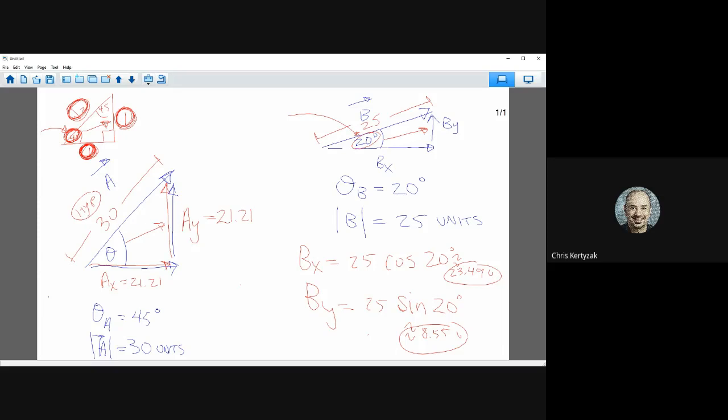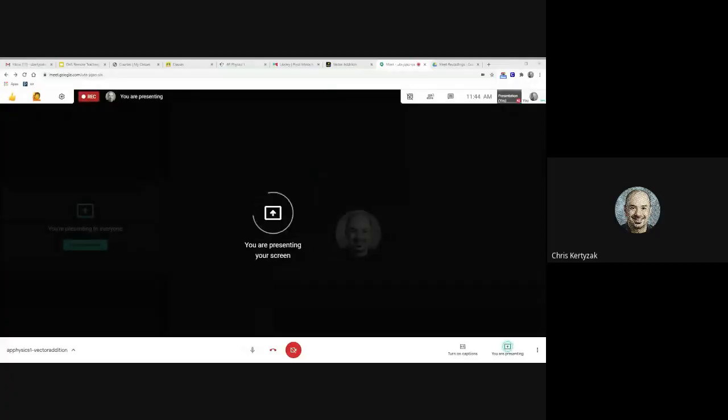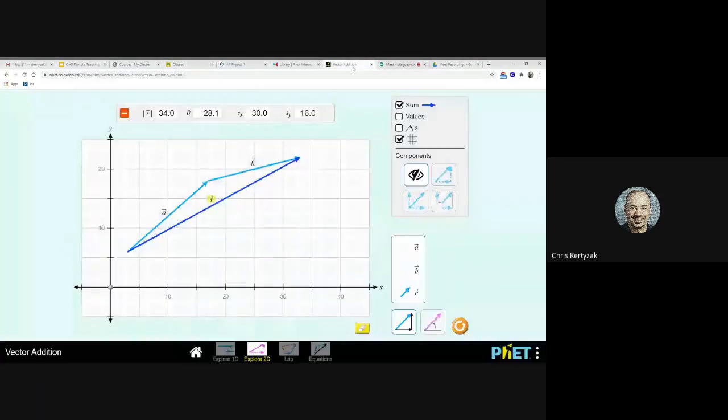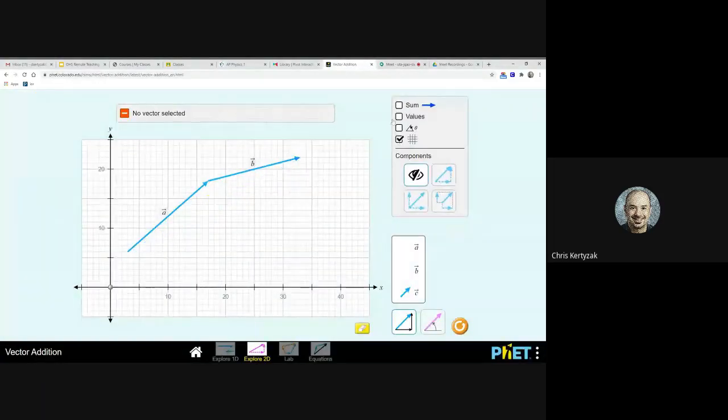Here's why. I'm going to bring you back to that visualization tool. So let's go back to that now. If I remove this here and want to see the components again, here they are.